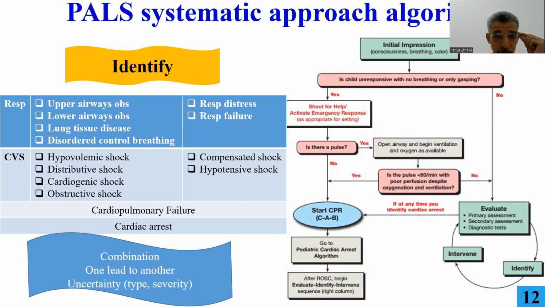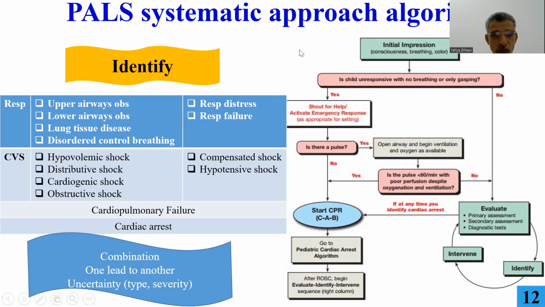For cardiovascular, once we do A, B, C, D, E, F, we decide either hypovolemic shock, distributive shock, cardiogenic shock, or obstructive shock. So that's our identification. And then from these, we decide whether we are in compensated shock or hypotensive shock.